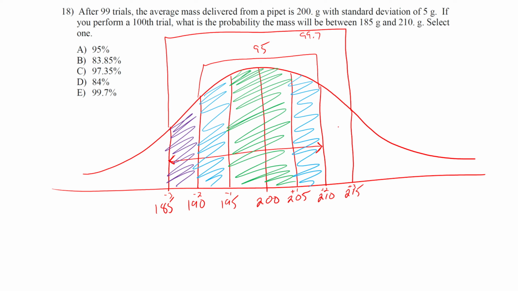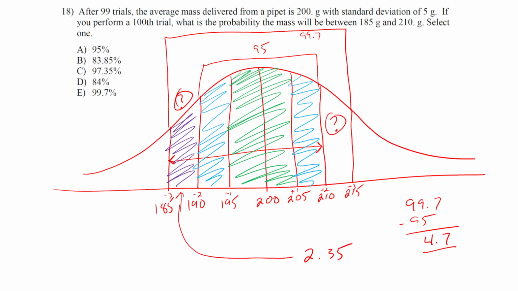So we need to know what these two areas are, right? That's pretty easy. That's 99.7 minus 95, and that's going to give us 4.7. So these two question marks, these areas sum up to 4.7. But we only want half of that. So 4.7 divided by 2, of course, is 2.35. So this here is 2.35. So I have 95 for this, plus 2.35: 97.35. The answer is C.